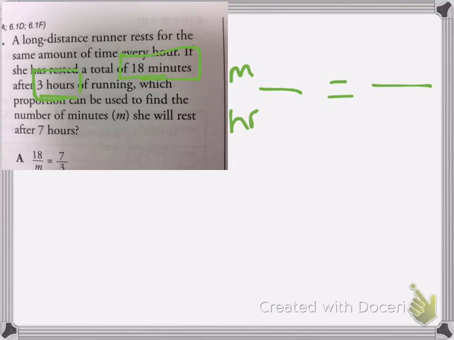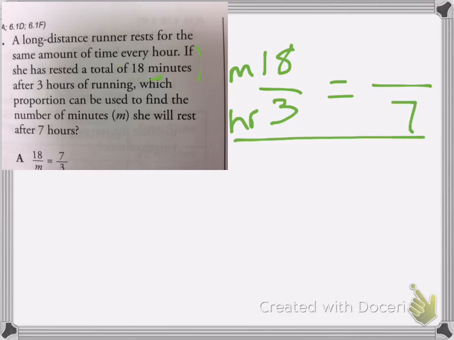We know that she rested for 18 minutes after 3 hours. They want to know for 7 hours. You keep hours with hours and minutes with minutes. So this would be the unknown, so we put an X.